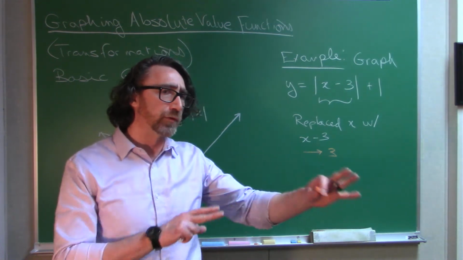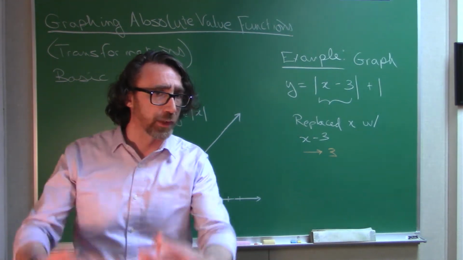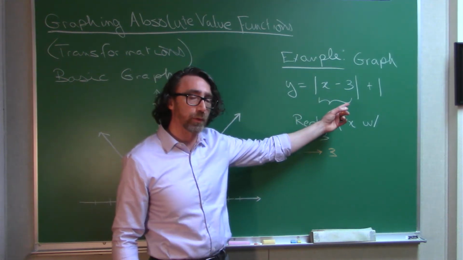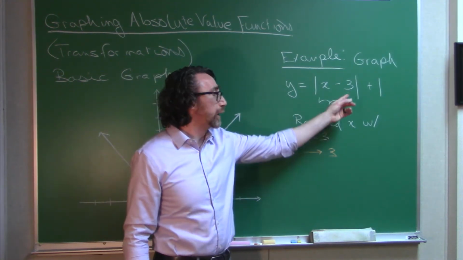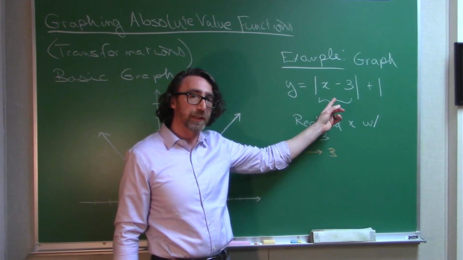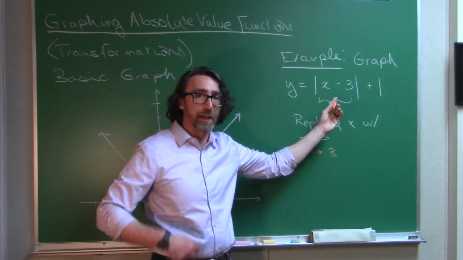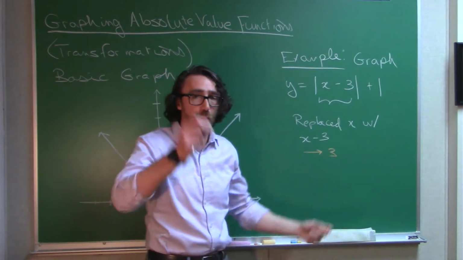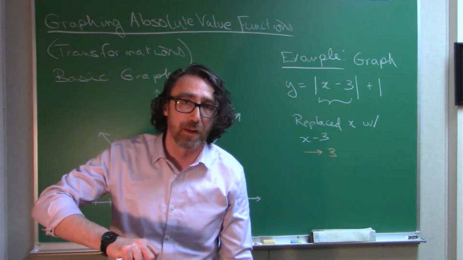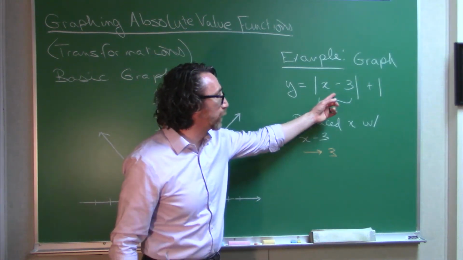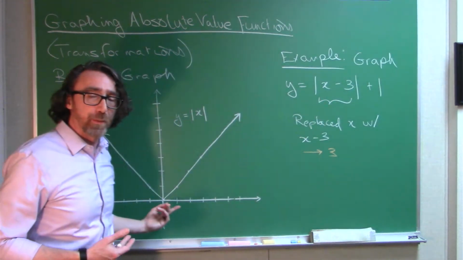We'll see this a little bit more later on when we talk about transformations in general. Sometimes folks think that's a little bit backwards, but if you take the input to the function, so here my function is the absolute value function, and I've messed with the input. I'm no longer inputting just x. I'm inputting x minus 3. So you mess with the input to the function, well, where are the inputs represented graphically?